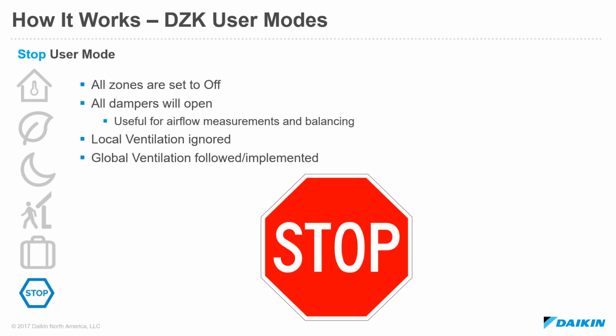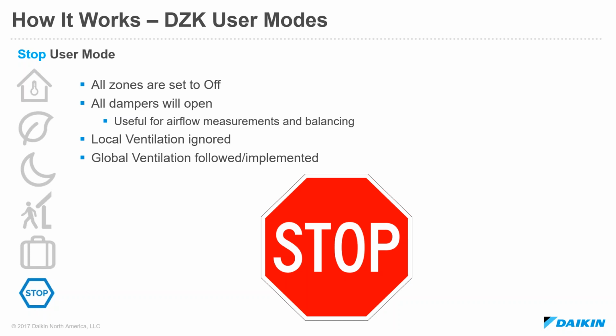We can essentially tell the DZK, hey, open all the damper outlets, and then you might disconnect the DZK control and just run the indoor unit fan, and that will help to open all of the DZK outlets.